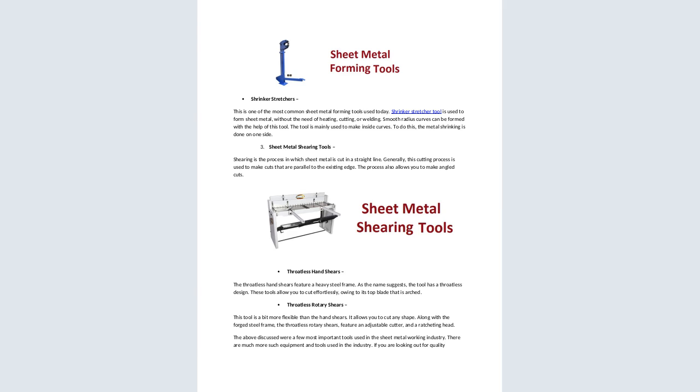Looking at the sheet metal forming tools, another tool here is called a shrinker stretcher. This one is one of the most common sheet metal forming tools used today. The shrinker stretcher tool is used to form sheet metal without the need of heating, cutting, or welding. Smooth radius curves can be formed with the help of this tool.